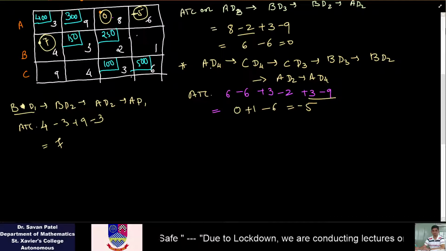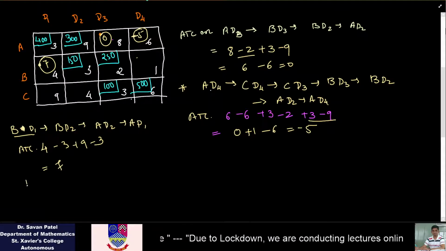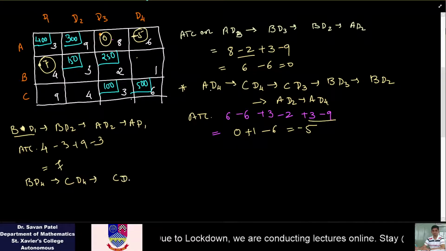Now find out the additional transportation cost for B to D4. If you want to transport B to D4, then we have to subtract from C to D4. So C to D4, from there C to D3, then B to D3, and then come back.